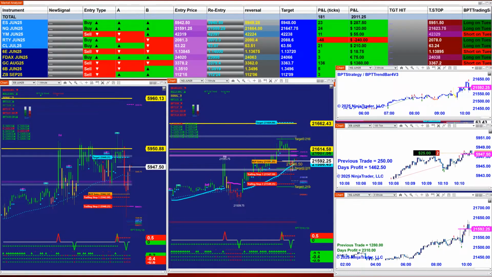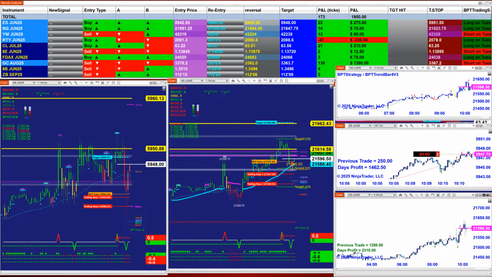Well, the 5 minutes does not take too much trade on the scalping, but if you switch it to tick chart, you will have more trades.